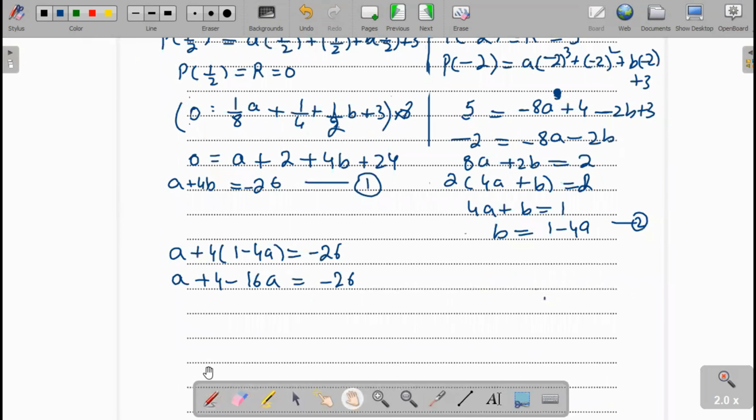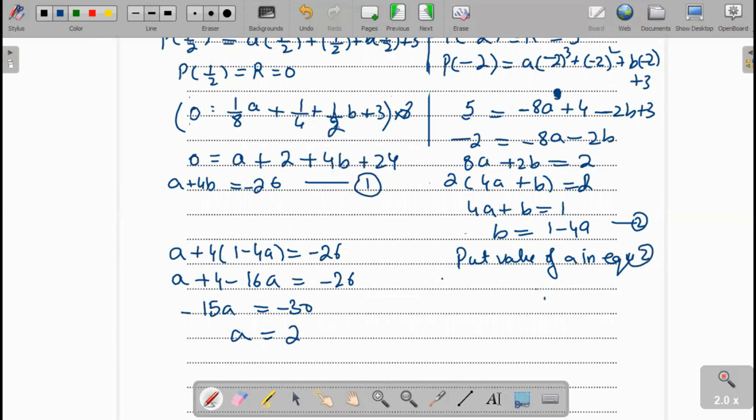That value becomes minus 15a equal to minus 30, and a will be equal to 2. Now put this value of a in equation 2.